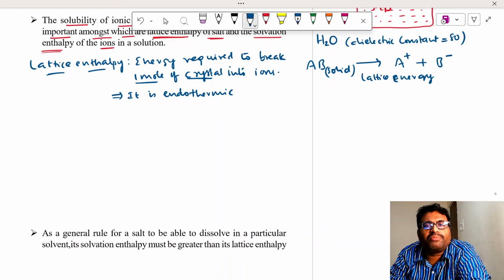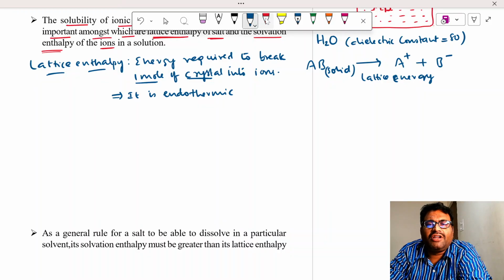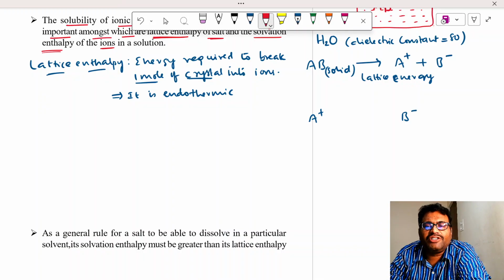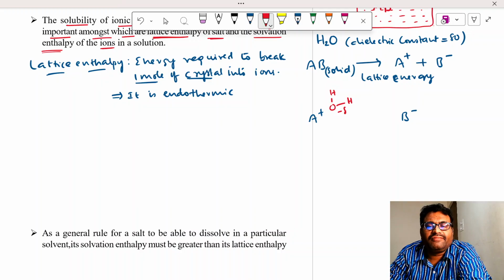After the formation of ions, A plus and B minus, what happens around A plus? Water surrounds it, with oxygen coming near it.